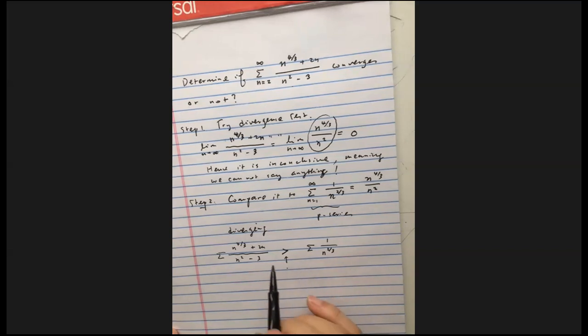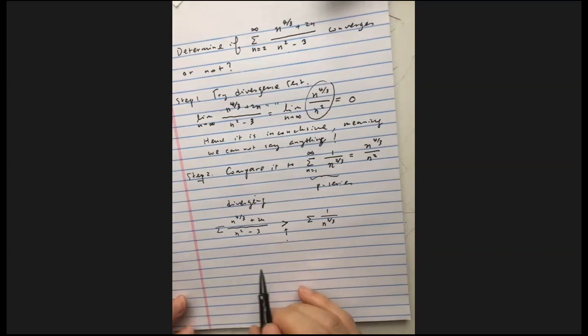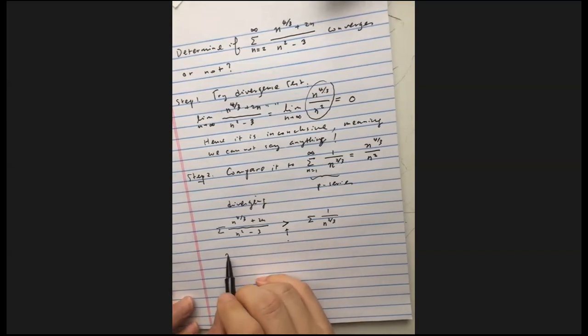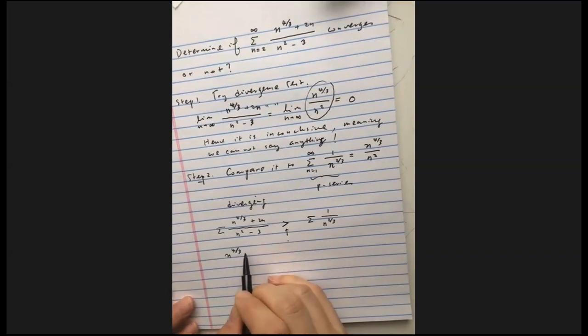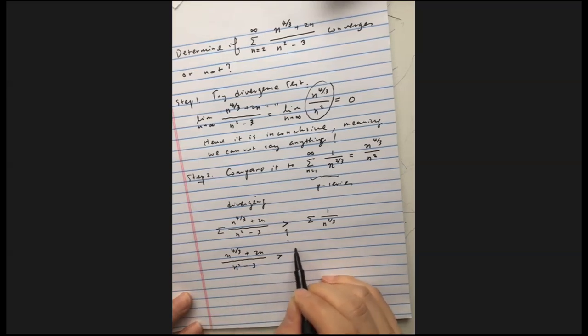So to use directly the comparison principle in this question is actually kind of hard, but still doable. So let me give you some hint how to proceed. It's because of the following. This is always larger than n to the 4/3 over n squared minus 3. Do you guys agree?